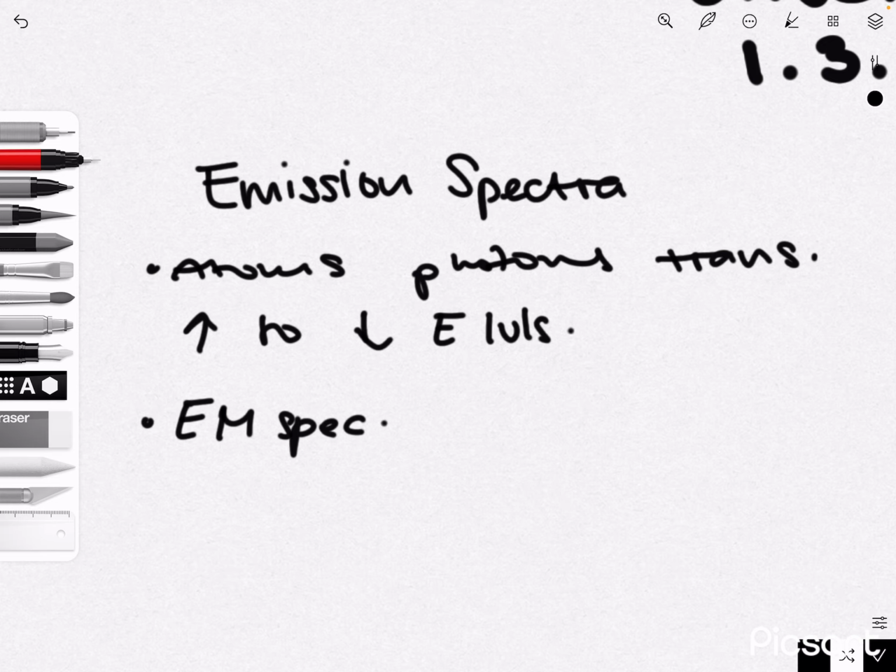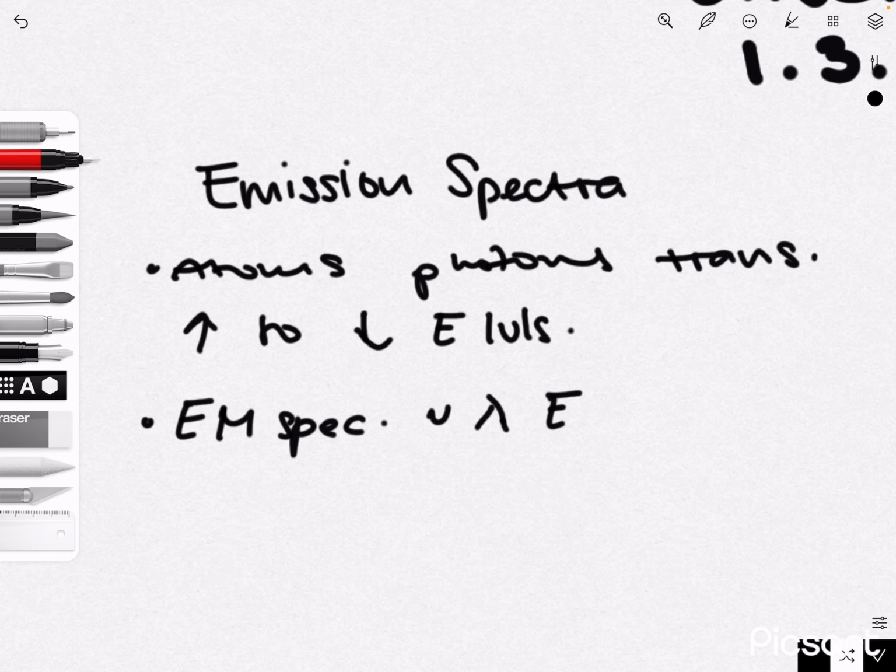As we know, if we've looked at the emission spectrum before, frequencies, wavelengths, and energies, these all vary.